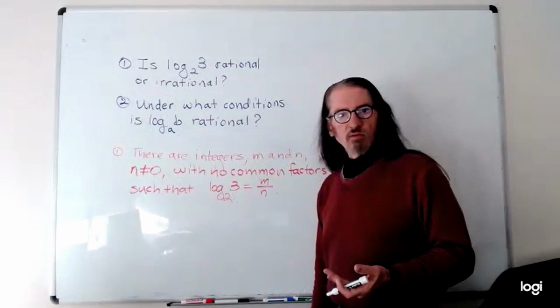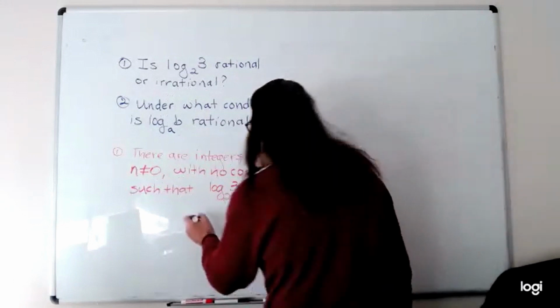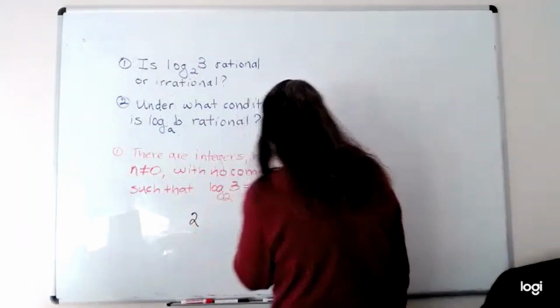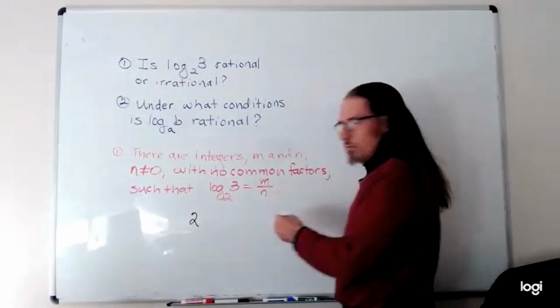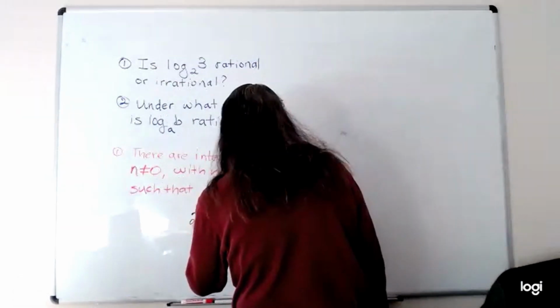If that is the case, then by the definition of logarithms, 2 raised to the power of m over n would equal 3.